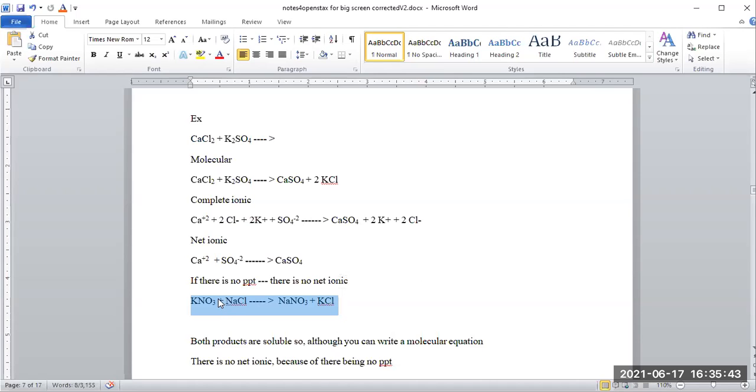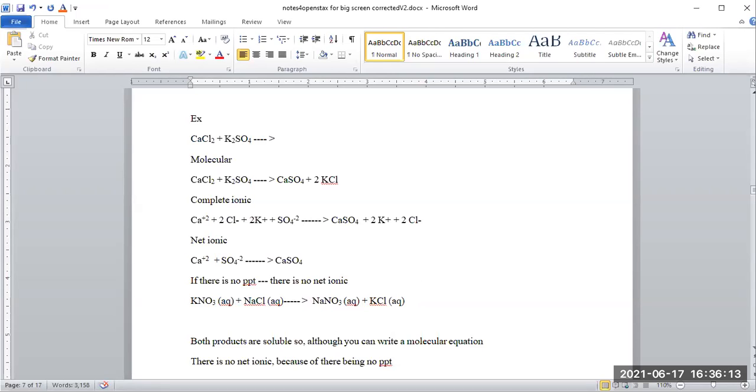If I want to go back and put a little additional information in here to make it a little bit more obvious. All right, so my potassium nitrate is aqueous, my sodium chloride is aqueous, but then over here on this side, I also have aqueous sodium nitrate and aqueous potassium chloride.